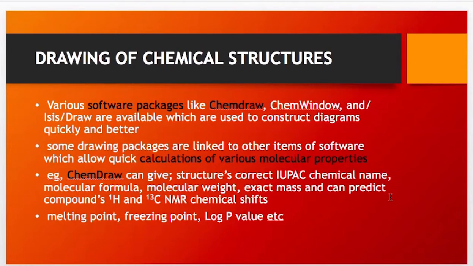It will give you the molecular formula, the molecular weight, the mass, and the other important thing it will do is give you the NMR chemical shifts. And why is this important? This is because when you're working in the laboratory trying to synthesize these different compounds, you are combining different chemicals to make a compound, and you need to know the molecular weight of the compound that you're going to make.